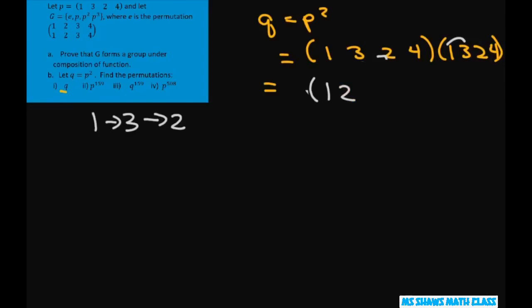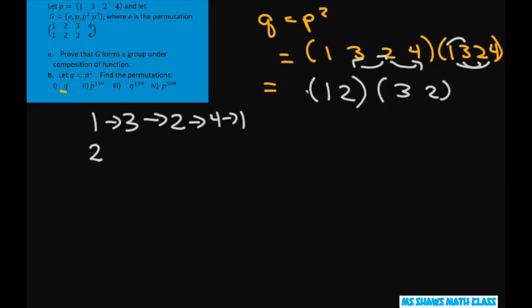Now we look at 2. 2 maps to 4, and 4 maps back to 1. So we can close that up for the 2. And then for 3, 3 maps to 2, and 2 maps to 4.